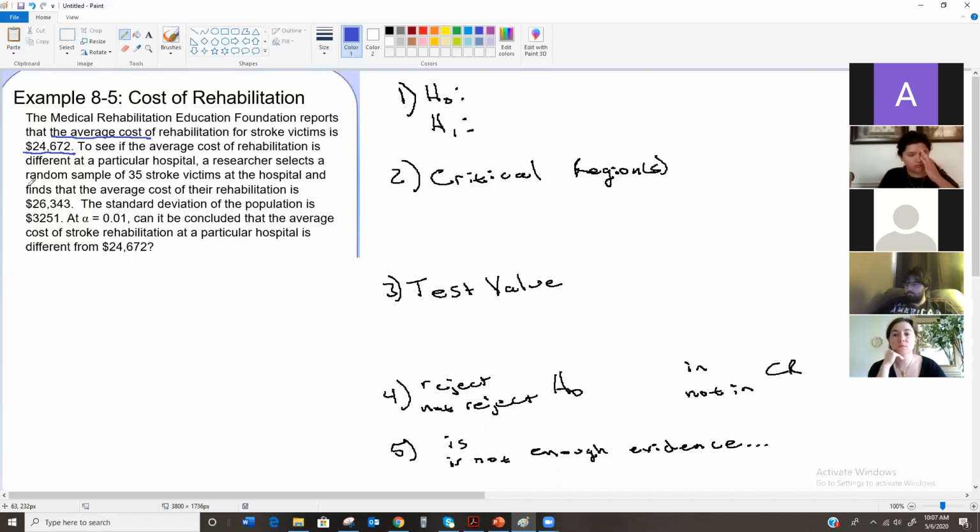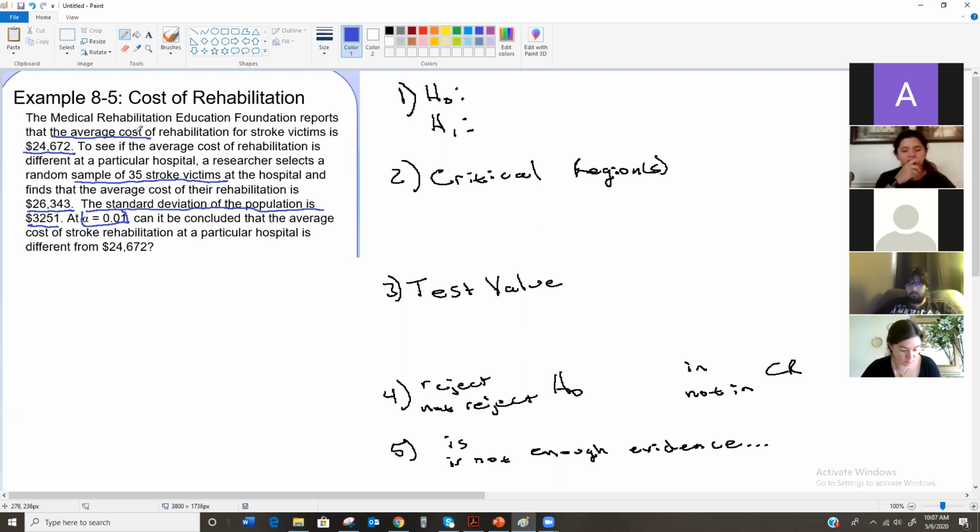And then to see if the average cost is different at a particular hospital, a sample of 35 stroke victims finds that the average cost is $26,343. The standard deviation of the population is 3,251, alpha 0.01. And that's all the numbers that we need.